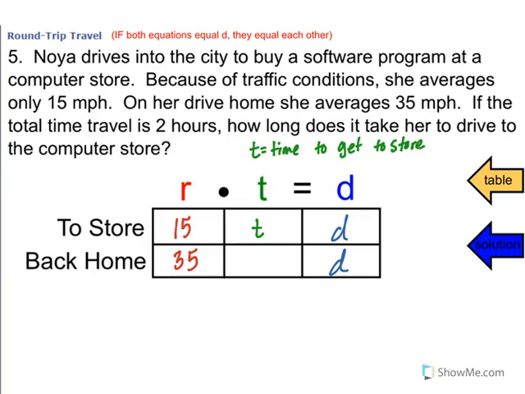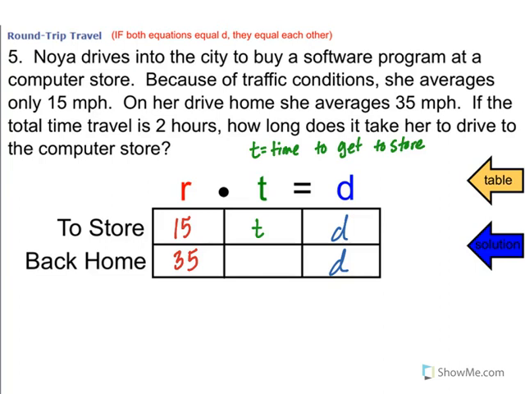I'm going to need the rest of the information to get the time to get back home. So if I know that the time to get to the store is t, we also know that the total travel time is 2 hours. So the time to get to the store plus the time to get back from the store is 2 hours.